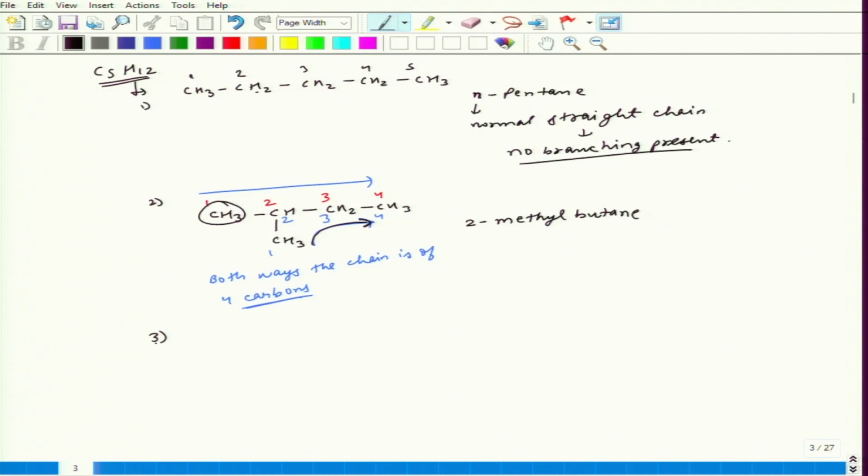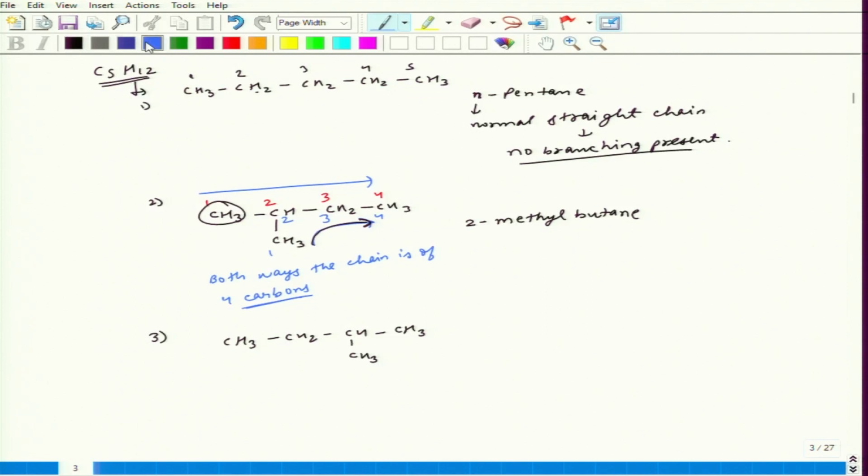What can be the third one? Let us try the substituent on the other position. Okay. If I do this, CH2, CH, CH3, many of you can think of this structure as a possible one that can form a different isomer. Once we have substituted on the second position, now we are substituting on the third position.